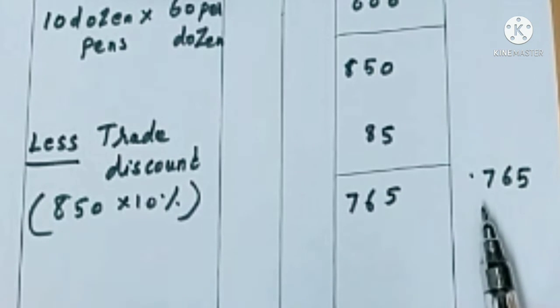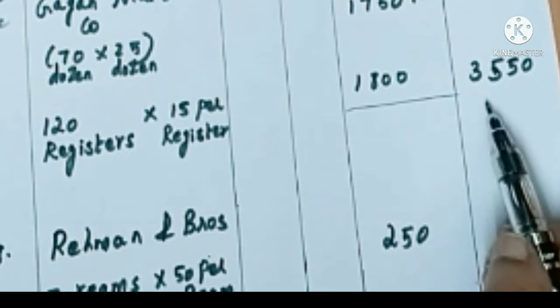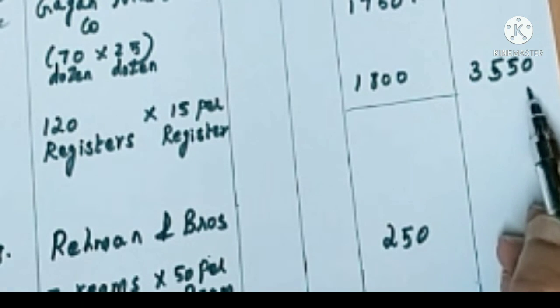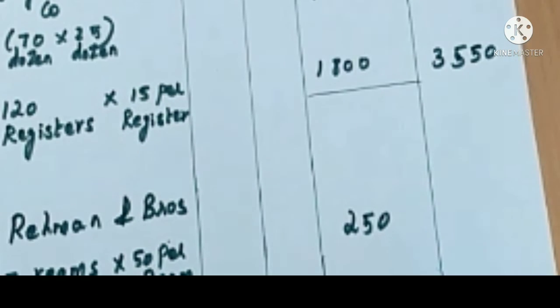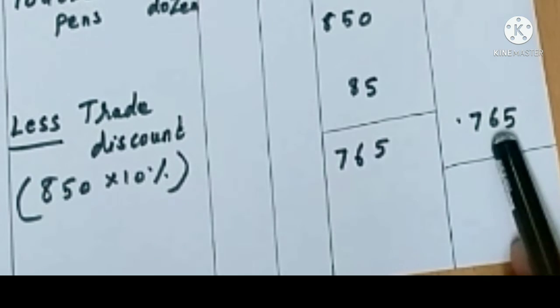So let's see how much is the total purchases. So this 3,550 plus 765.